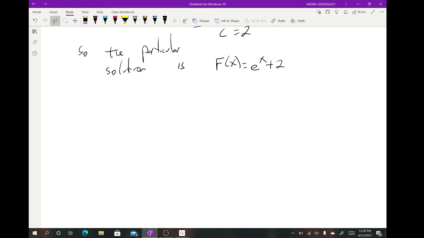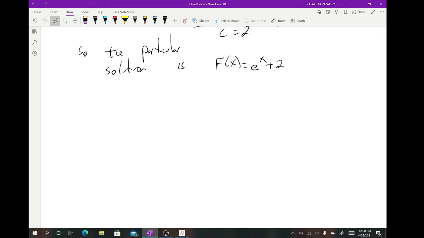Finally, one of the most important parts of this section is talking about acceleration and velocity problems.